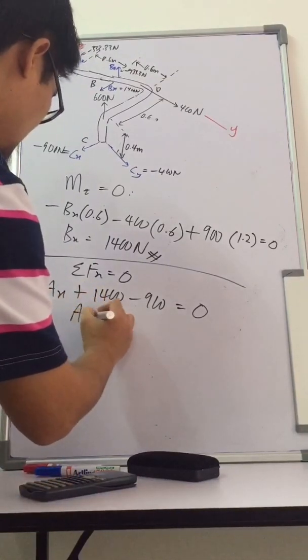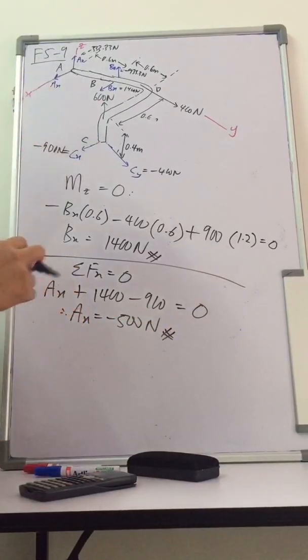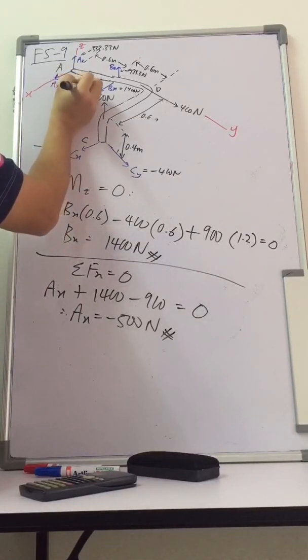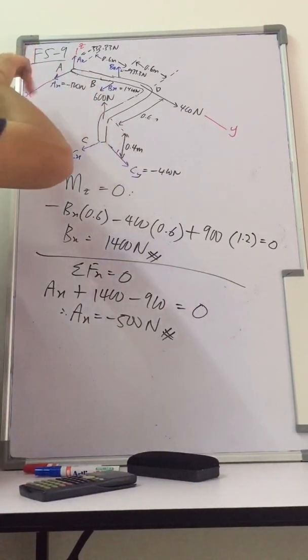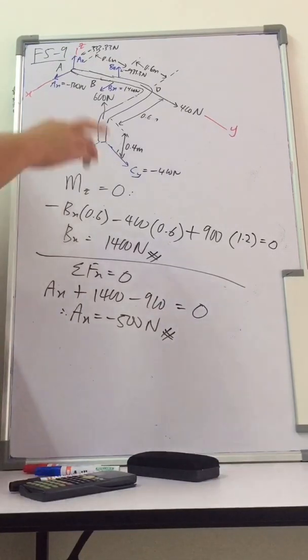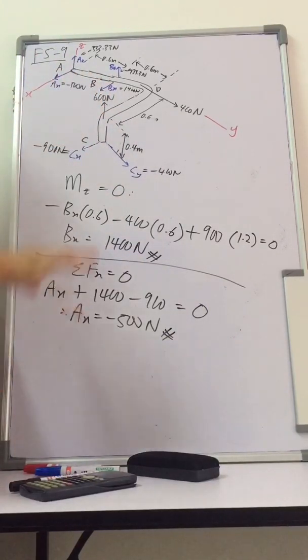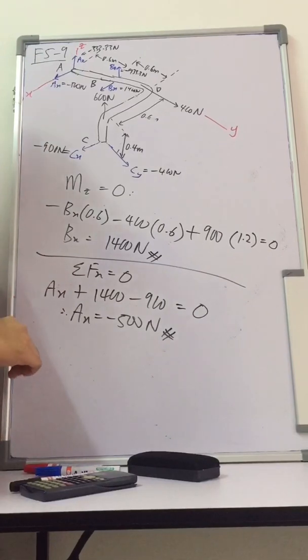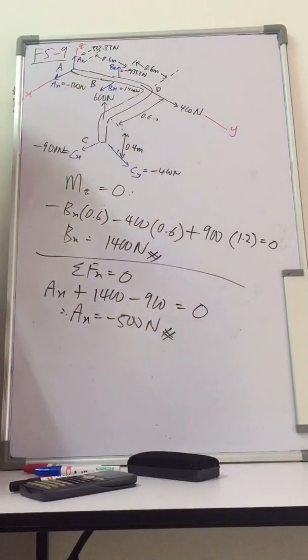So AX equals to minus 500 Newton. Right, so AX equals to minus 500 Newton. Again, what does it mean by that? Magnitude is 500, but it goes that direction, okay, in this configuration. So what is the implication of this? Remember, you have three bearings: A, B, and C. They should be able to withstand the resultant of this individually, right? So that it won't fail.